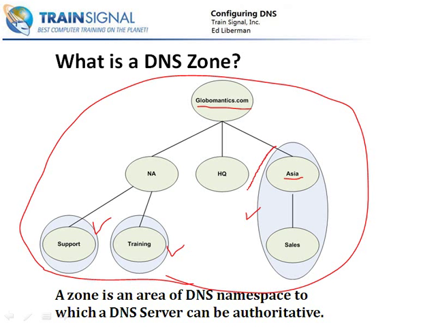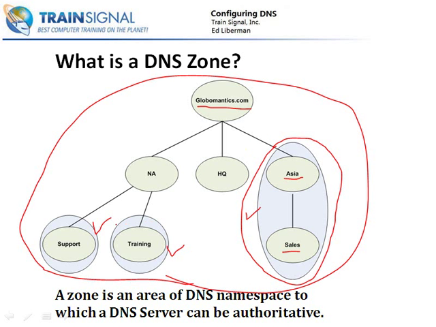You'll notice that this is kind of an elongated oval that I've highlighted here, which includes the sales.asia.globalmantics.com namespace. And the reason why is because by default, any server that is authoritative for a particular zone or a particular area of namespace is also going to be authoritative for any subdomains underneath, unless those subdomains have been specifically delegated out.